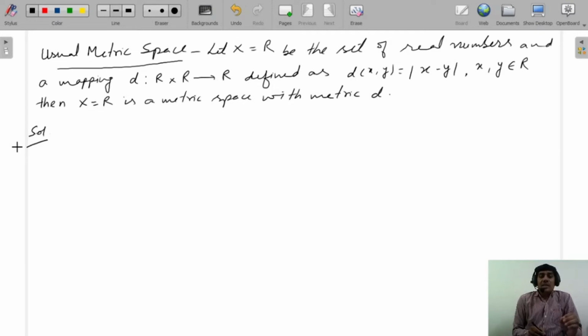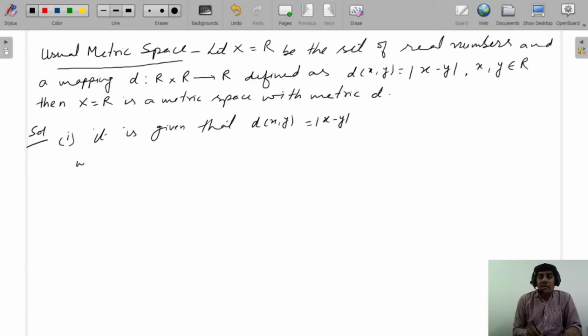We prove that D satisfies all the properties of a metric. If D satisfies all the properties of the metric, then X is equal to R, the set of real numbers, becomes a metric space with metric D. Now, the first property. It is given that d(x,y) is equal to modulus of x minus y.